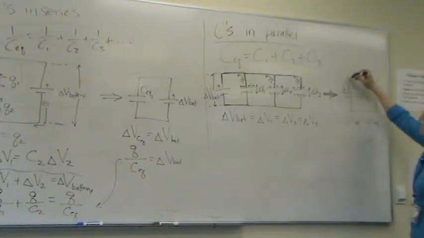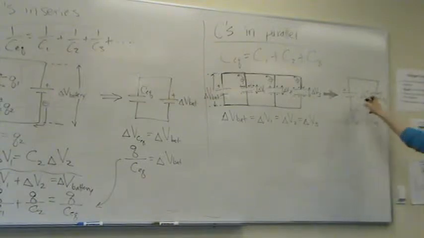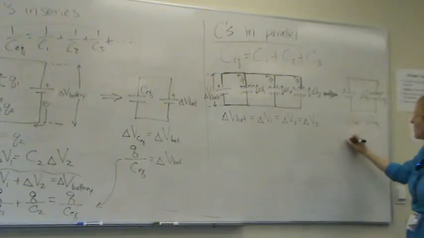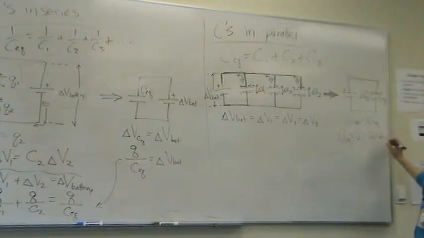And the charges that build up on this plate would have to be equal to the sum of the charges on all of those plates. So Q equivalent is equal to Q1 plus Q2 plus Q3.